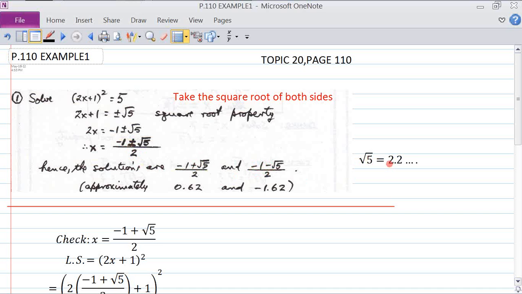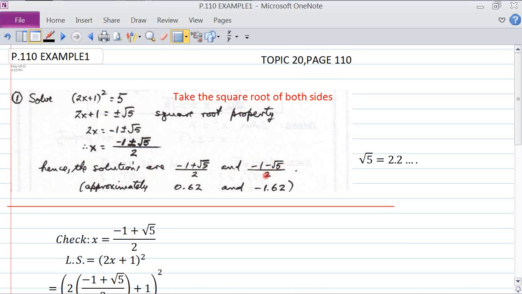Now, the square root of 5 is approximately 2.2. So if we say minus 1 plus 2.2, that roughly gives us 1.2. 1.2 divided by 2 gives us 0.6. Similarly, minus 1 and minus 2.2 gives us minus 3.2.